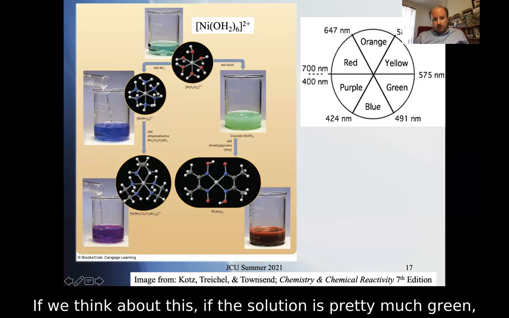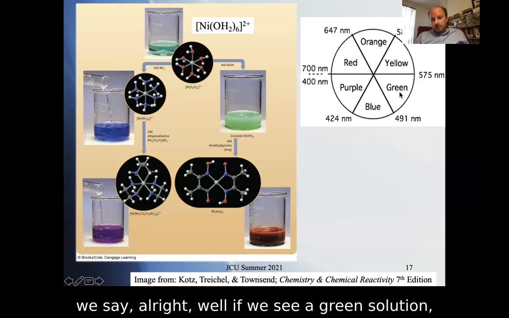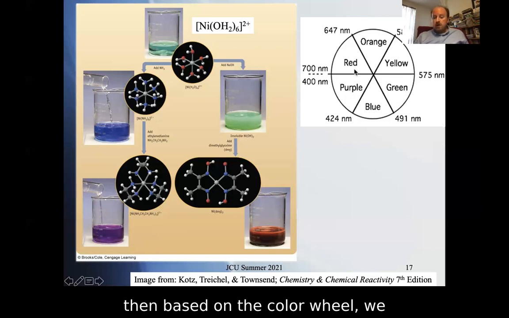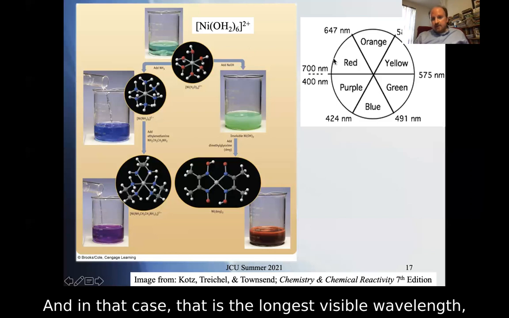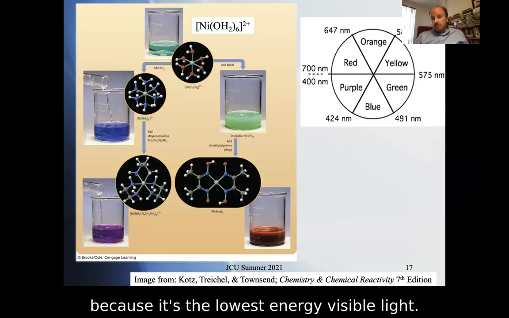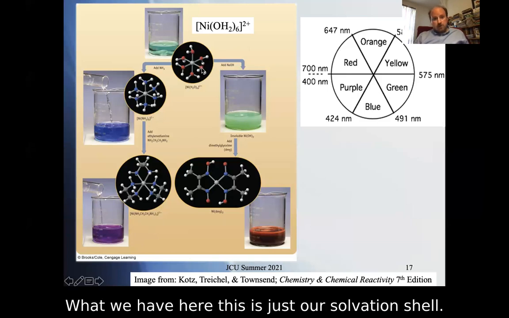Now, if the solution is pretty much green, then based on the color wheel, we would expect a red lambda max. And that is the longest visible wavelength because it's the lowest energy visible light. So now we have here just our solvation shell.